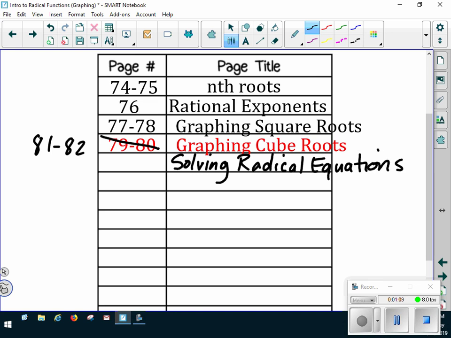And that will be just one page. So I guess, is that 83 then? And then application. And that will be your one single page. So that's what we're looking at right there to finish this unit.